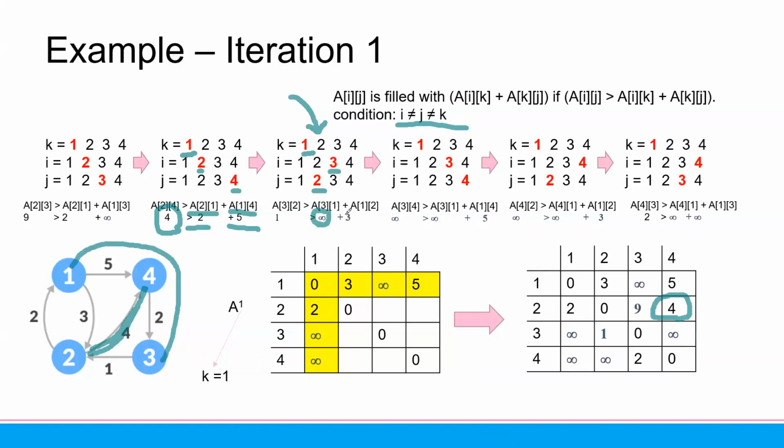Plus 3, it is 1 to 2. It is 3. But what about the 3, 2? Oh, 3, 2, we have a directed edge. Okay. Then we just put 1 for the 3 and 2. We do not need to make a new edge because there is a directed edge.